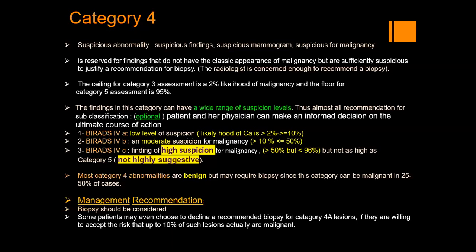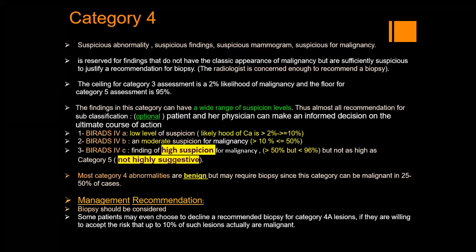Okay, the range of risk is between 50 and 95%. Most category 4 abnormalities are benign but may require biopsy, since this category can be malignant in 25 to 50% of cases.